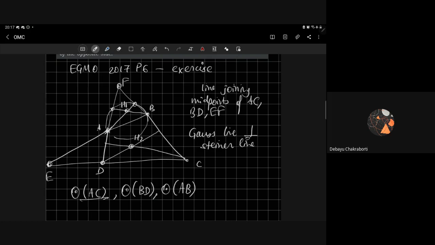Circle with diameter BD passes through this point, say X, correct?